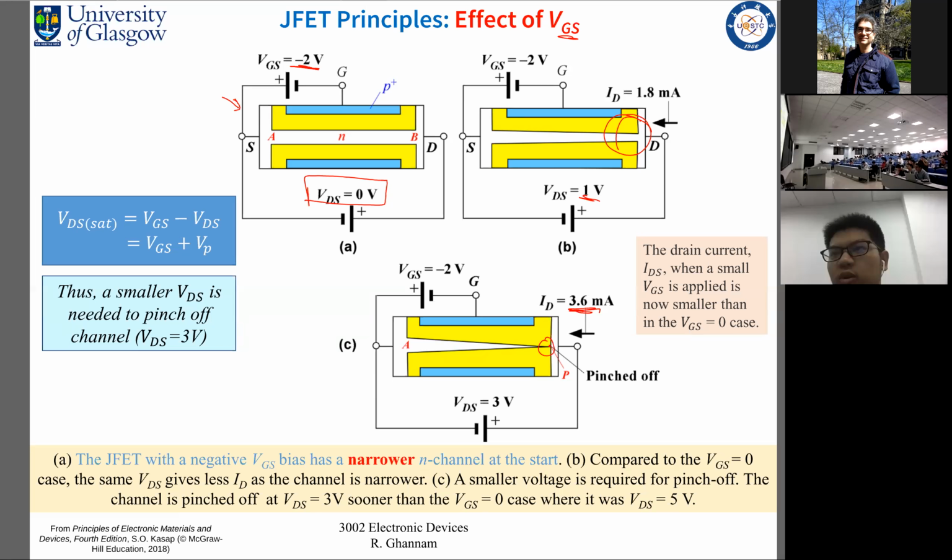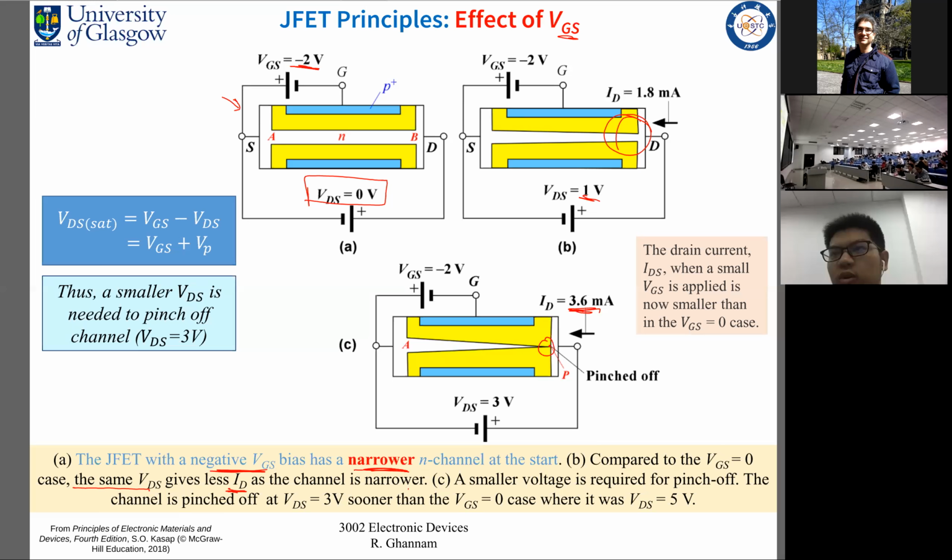So when we have a negative VGS bias, we start off with a narrower N channel. Compared to VGS equal to 0, the same VDS gives less ID as the channel is narrow.